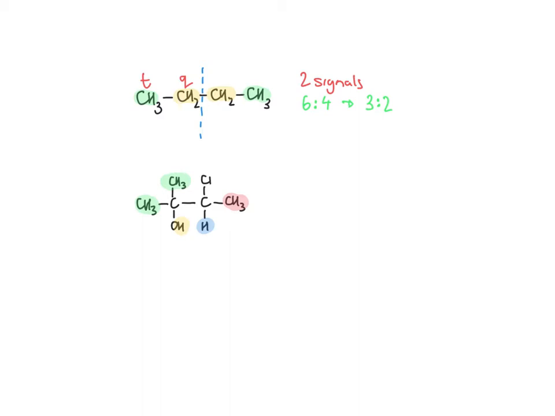But if we just think of it in terms of geography, if we start with this methyl group, what's next door is a carbon with a methyl and an OH, and then next door to that, a carbon with a chlorine and a hydrogen. Start from here, what's next door? Carbon with a methyl and an OH, and then next door to that, carbon with a chlorine and a hydrogen, and so on. So these have exactly the same geography.